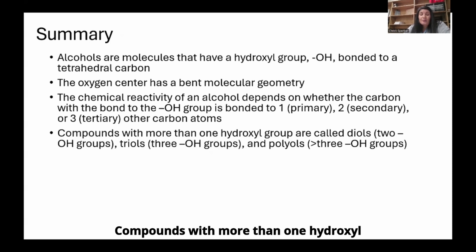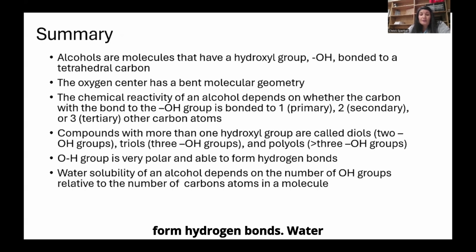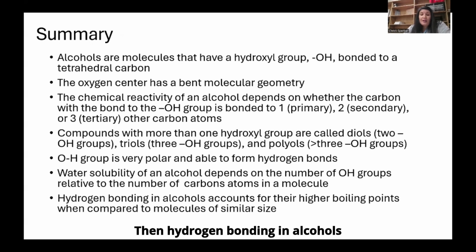Compounds with 2 hydroxyl groups are called diols, triols have 3 hydroxyl groups, and polyols have more than 3 hydroxyl groups. The OH group is very polar and able to form hydrogen bonds. Water solubility of an alcohol depends on the number of OH groups relative to the number of carbon atoms in a molecule. Then hydrogen bonding in alcohols accounts for their higher boiling points when compared to molecules of similar size.